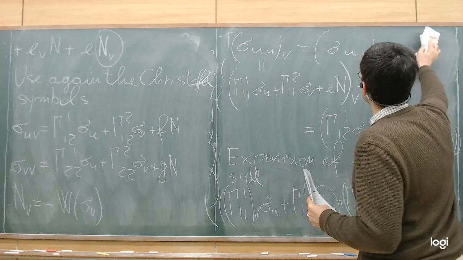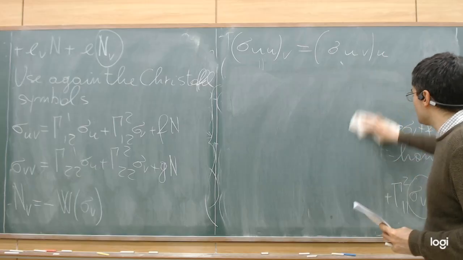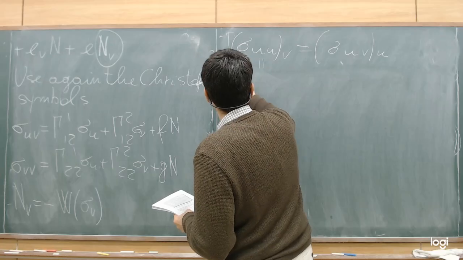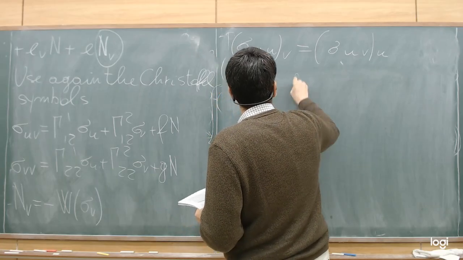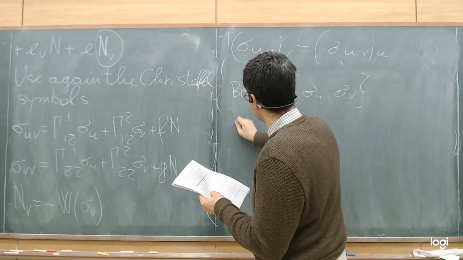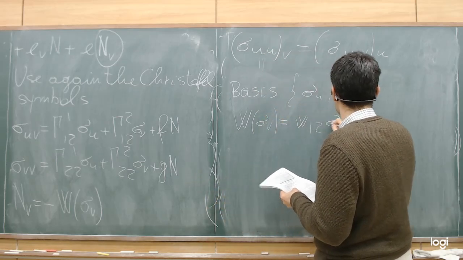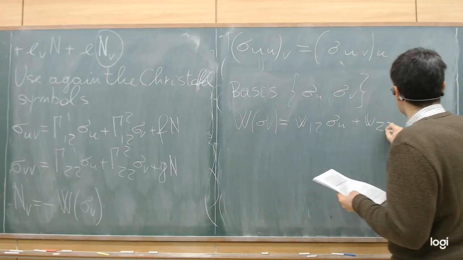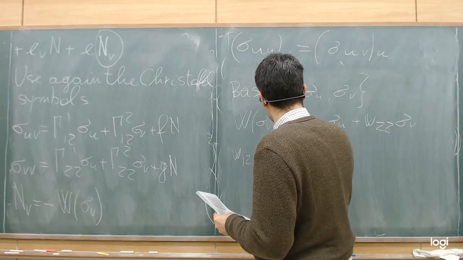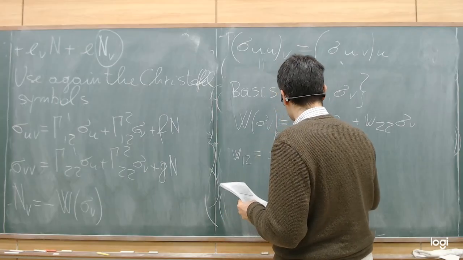And in the past, we have seen that if we choose the basis sigma u, sigma v, then W of sigma v can be written as W12 sigma u plus W22 sigma v, where W12 is Fg minus Gf divided by Eg minus F squared.